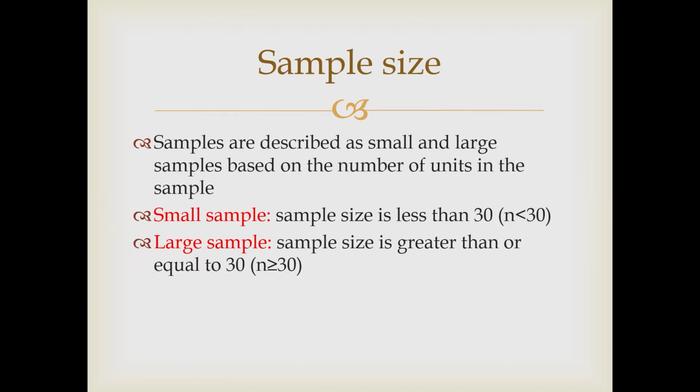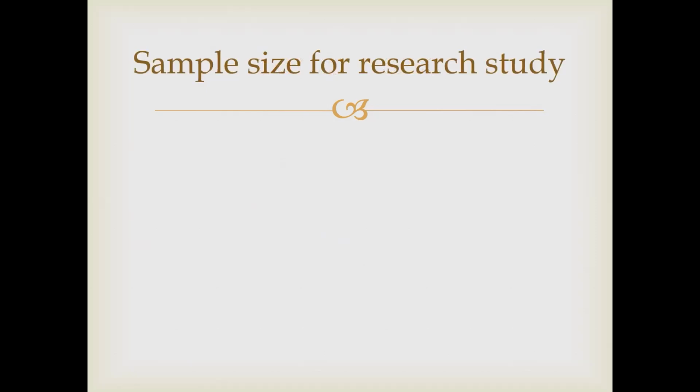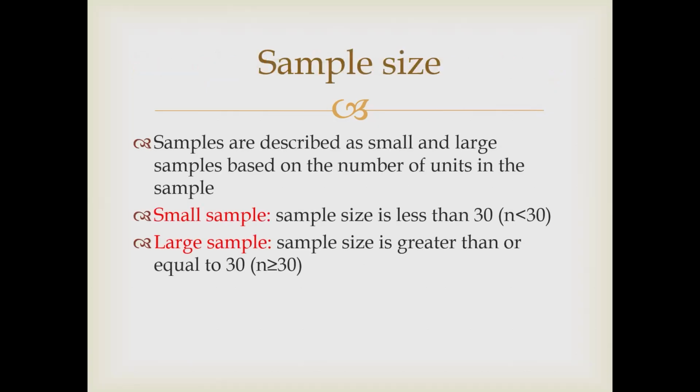But it is not applicable to research study, our social science research. This characterization of sample size is not appropriate. We have a different definition of sample size here. What we want here in research study is not a small sample or large sample. In research, we are not concerned about a small sample or large sample.